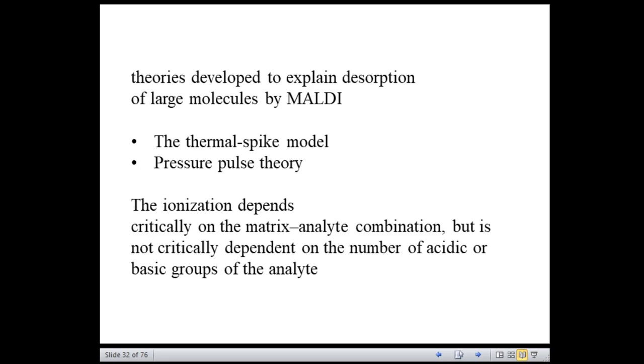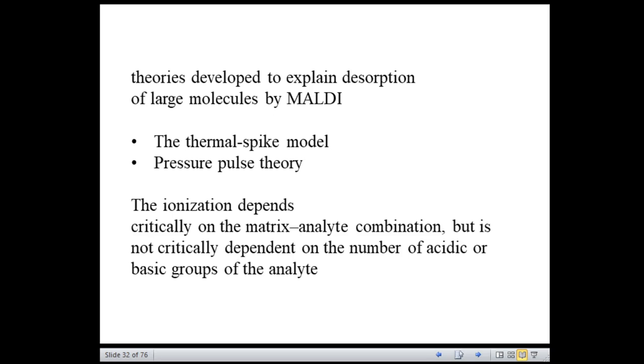In the thermal spike model, it is about the transfer of energy from the matrix to the analyte. In pressure pulse theory, it is about a pressure gradient that is created normal to the surface, and desorption of large molecules is enhanced by momentum transfer from collisions with fast moving matrix molecules.